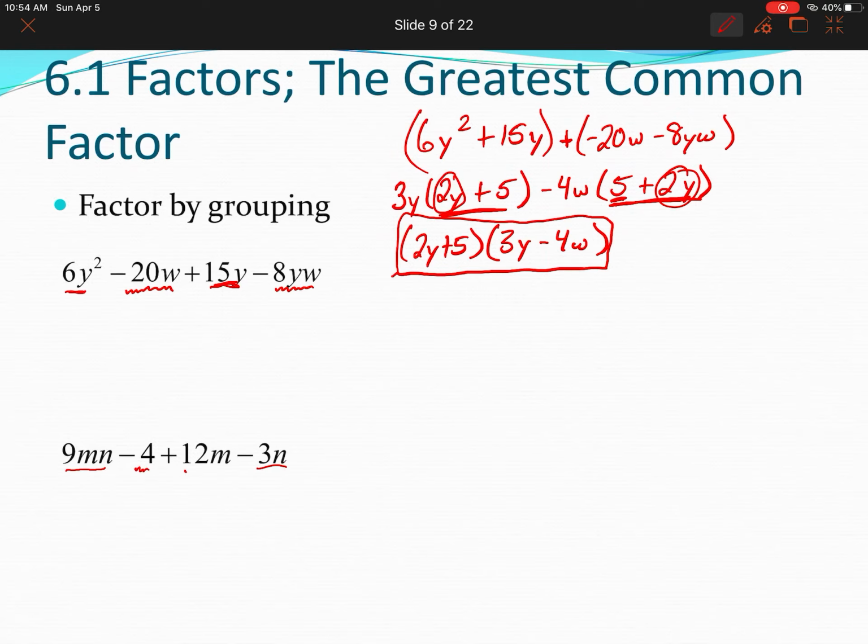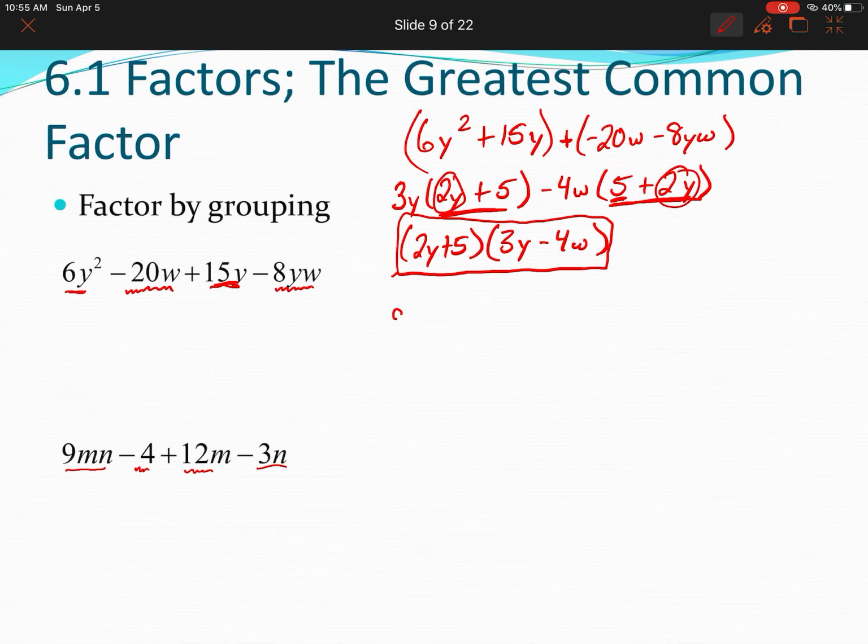And the negative 4 and the 12m have a 4 in common. If I had grouped the 9mn and the 12m, I would have a common factor, but then my negative 4 and negative 3n would not have had a common factor other than 1.